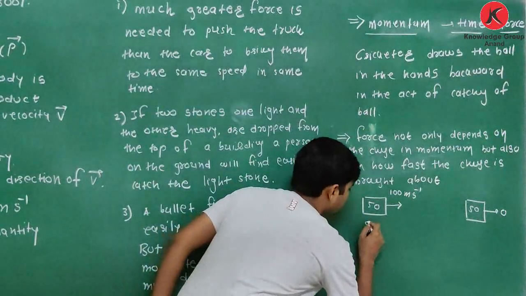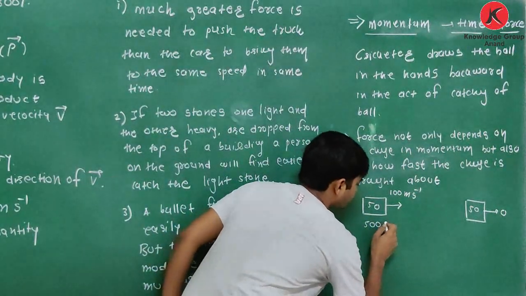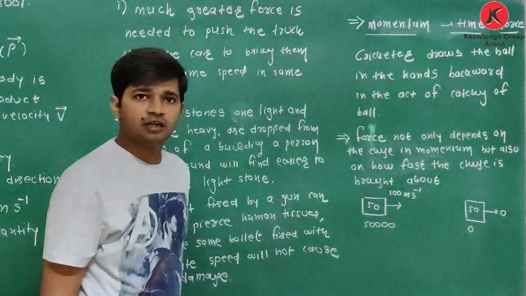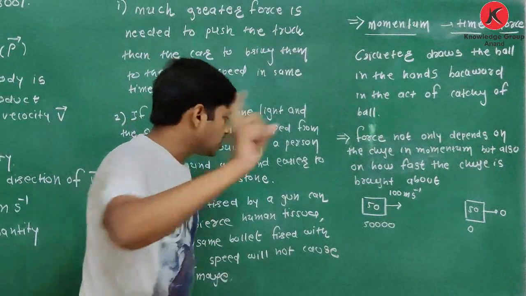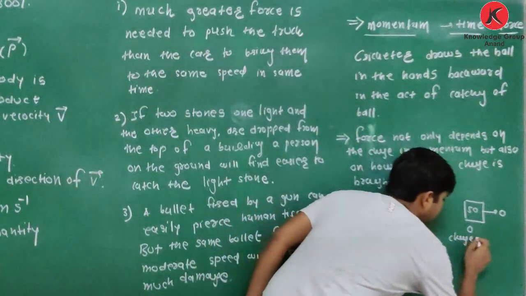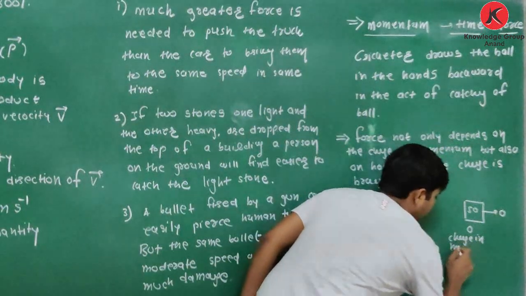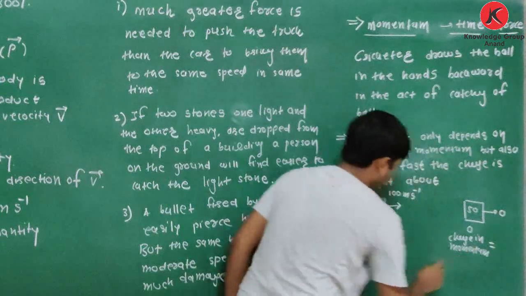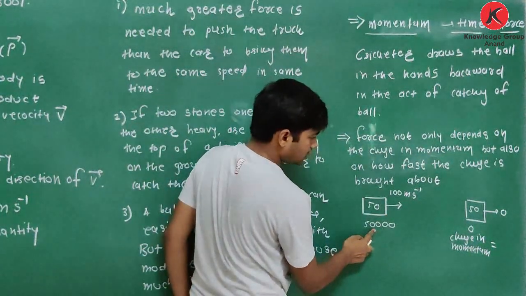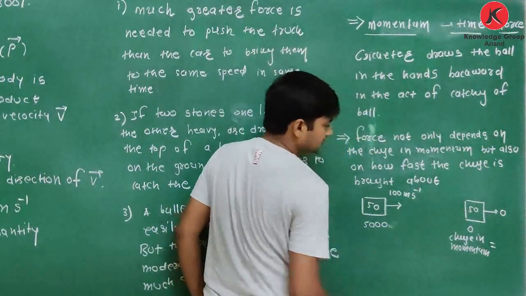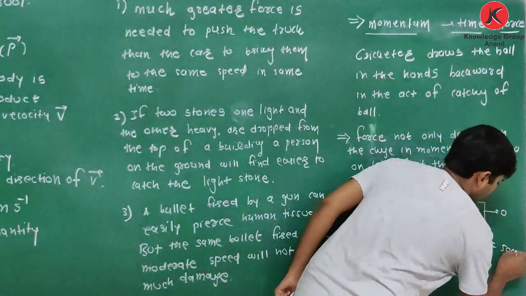Yes. In this case, what is momentum? In the initial case, momentum is 5000. In the final case, momentum is 0. Clear about this? What is the change in momentum? It is 5,000 minus 0, which means it is 5,000.